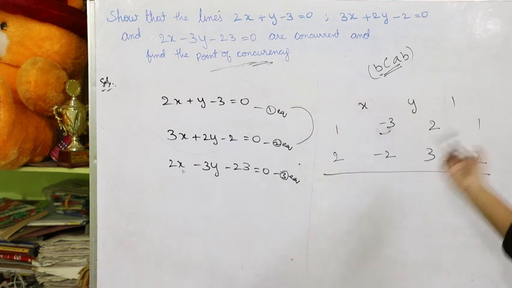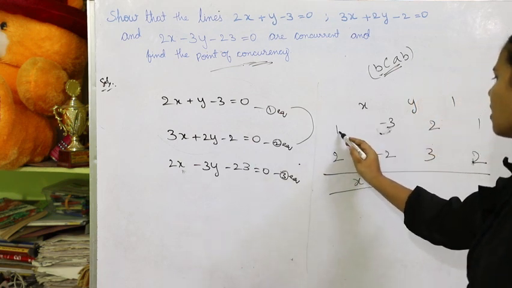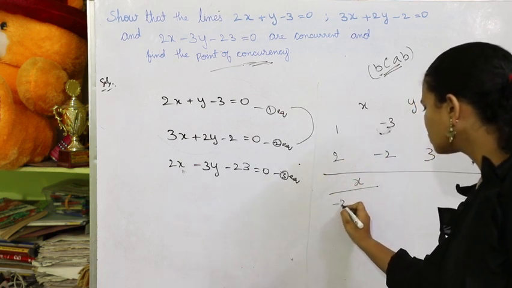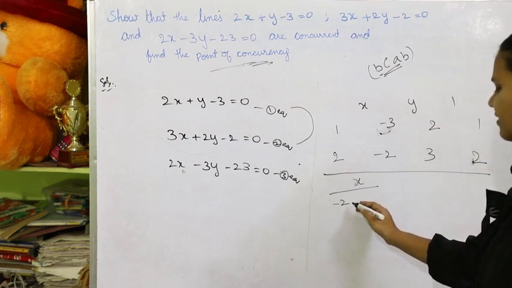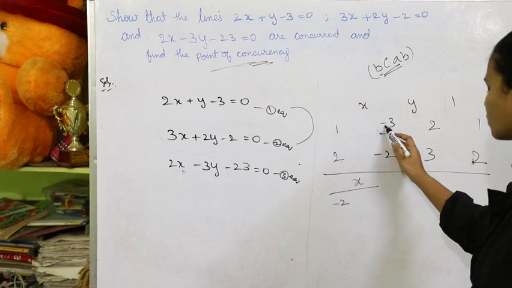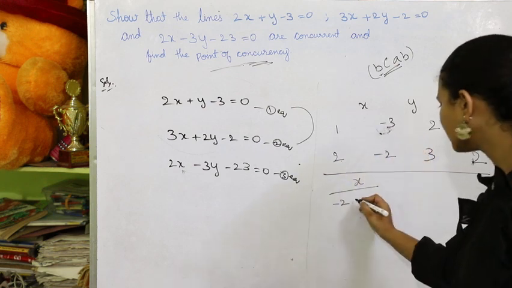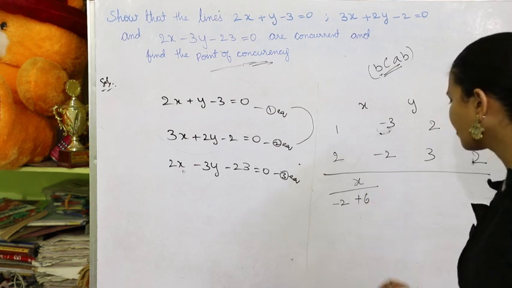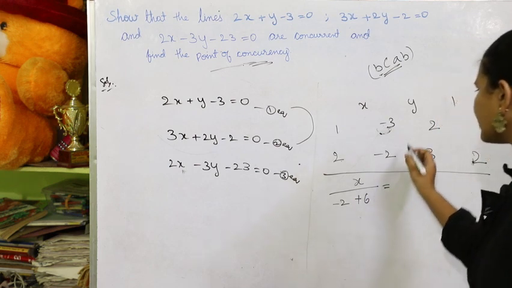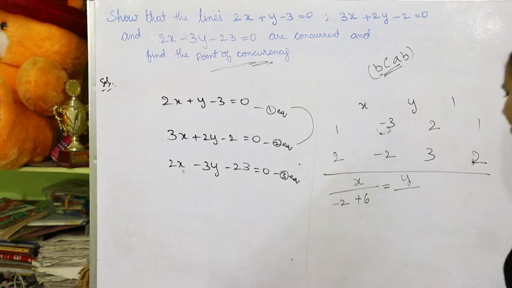Now we know this process: x upon, cross multiply, 1 into minus 2, and here there is a rule that you must place a minus sign. So you have 2 into minus 3, which is minus 6, and minus into minus is plus, so this becomes plus 6. Next, y by, we know this process, we learned it in the orthocenter and circumcenter videos too.